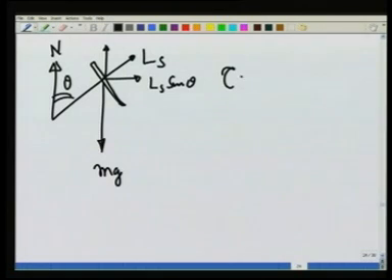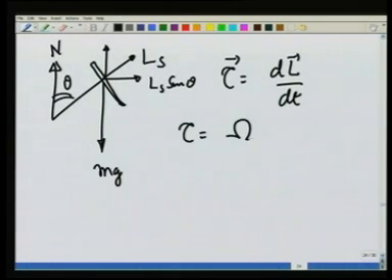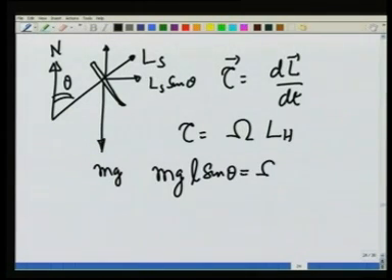So tau should be equal to dL/dt. We have already made sure of the directions by demonstration as well as by working out here. The tau magnitude is going to be equal to capital omega, which is the rate of precession, times L horizontal, and this we calculated to be mgL sine theta, and this should be equal to omega L spin sine theta.